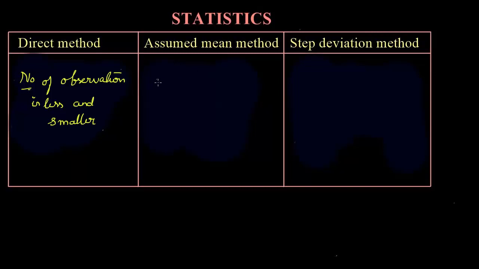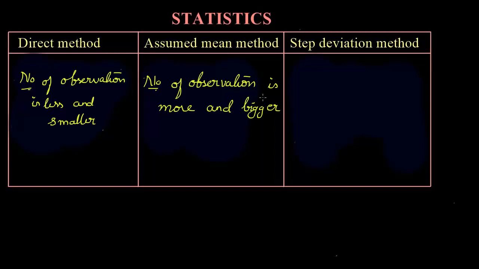The assumed mean method can be used when the number of observations is more and bigger. It means if the data given to you is in a large amount, then the assumed mean method can be used, and if it is in a small amount, the direct method can be used.